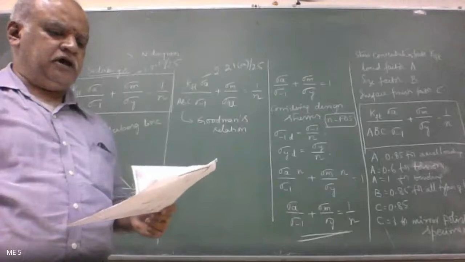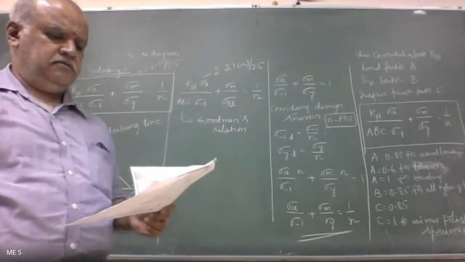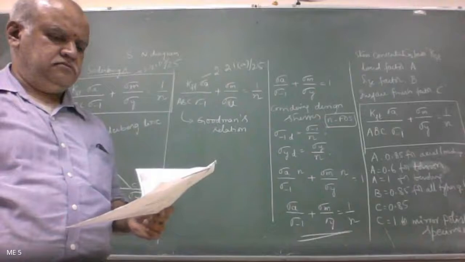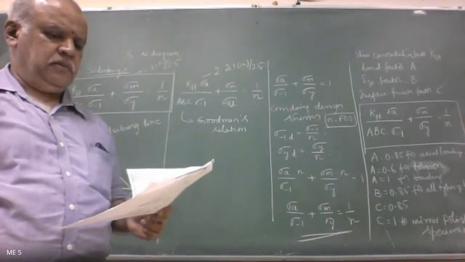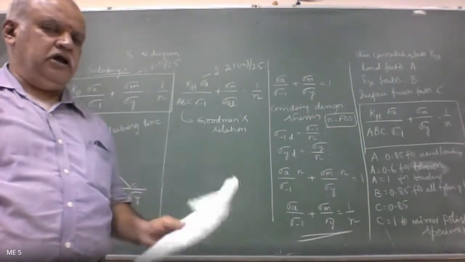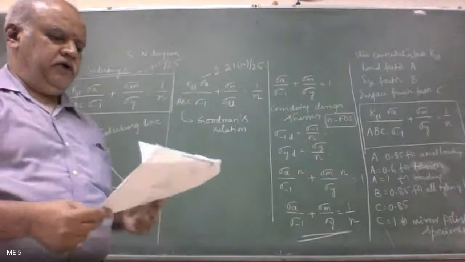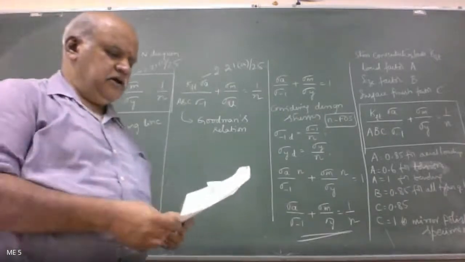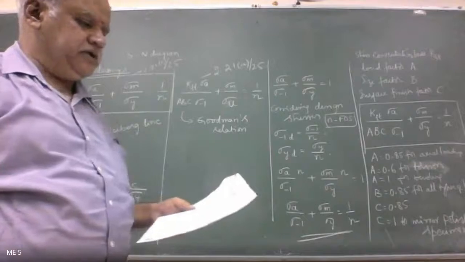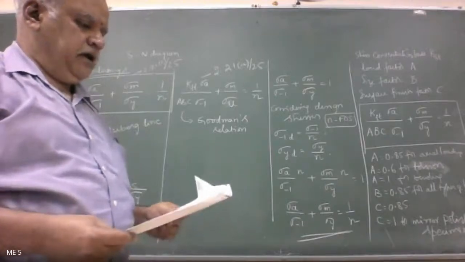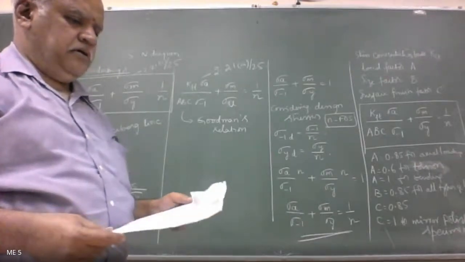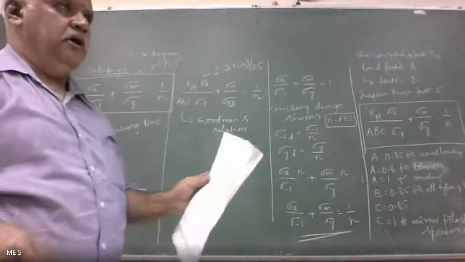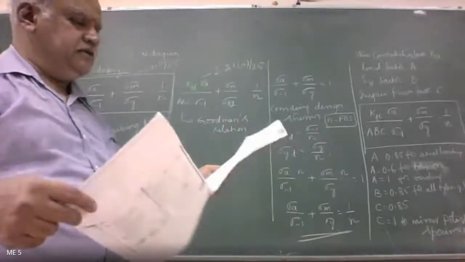There they have given you the value of A, value of B, and value of C. B has not been given as a correction factor, but we can take it as 0.85. Please note down. Have you noted down the equations?